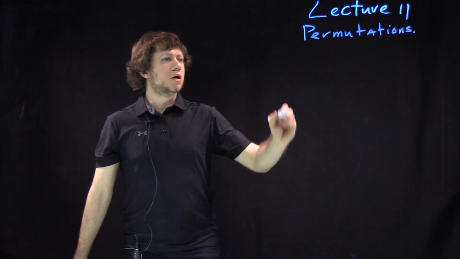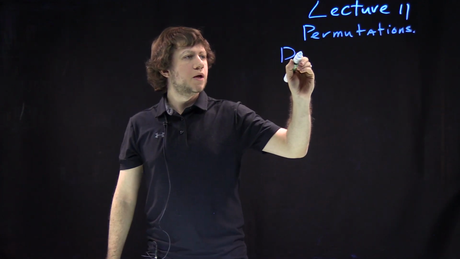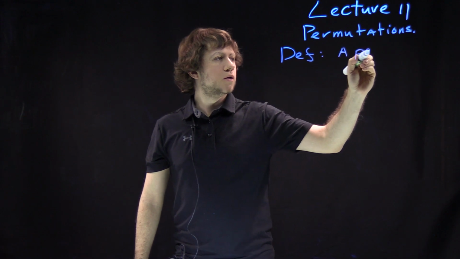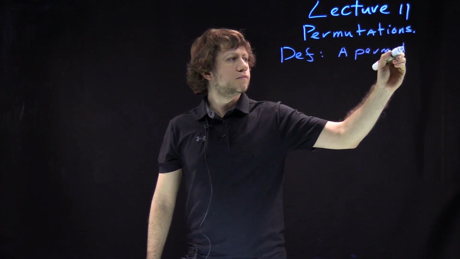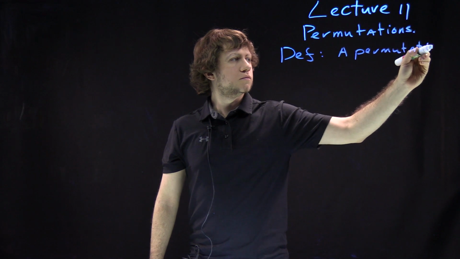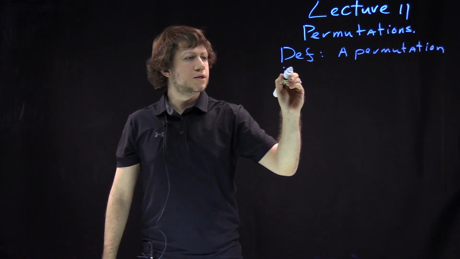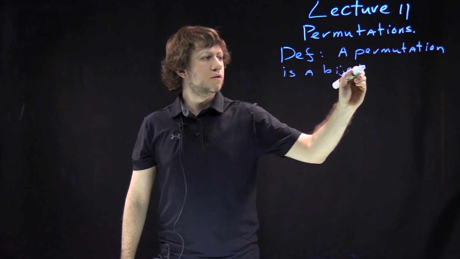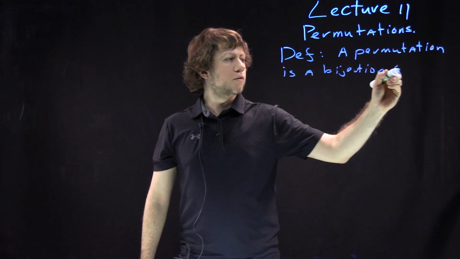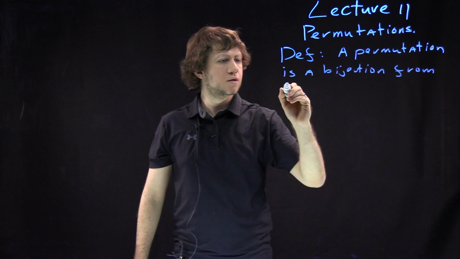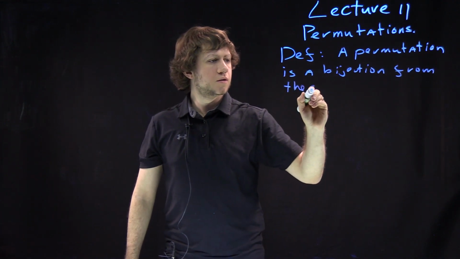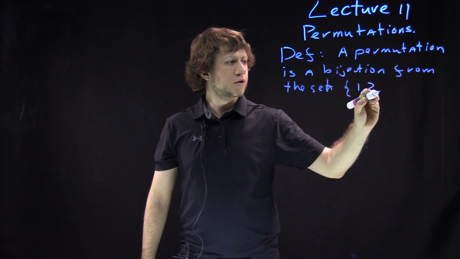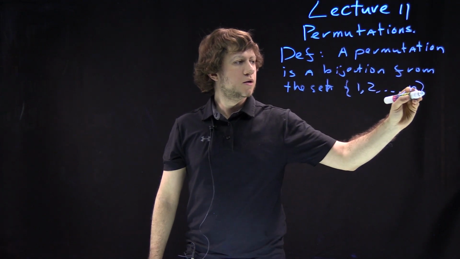Okay, so the definition is very simple. A permutation is a bijection from the set 1, 2, and so on, n.